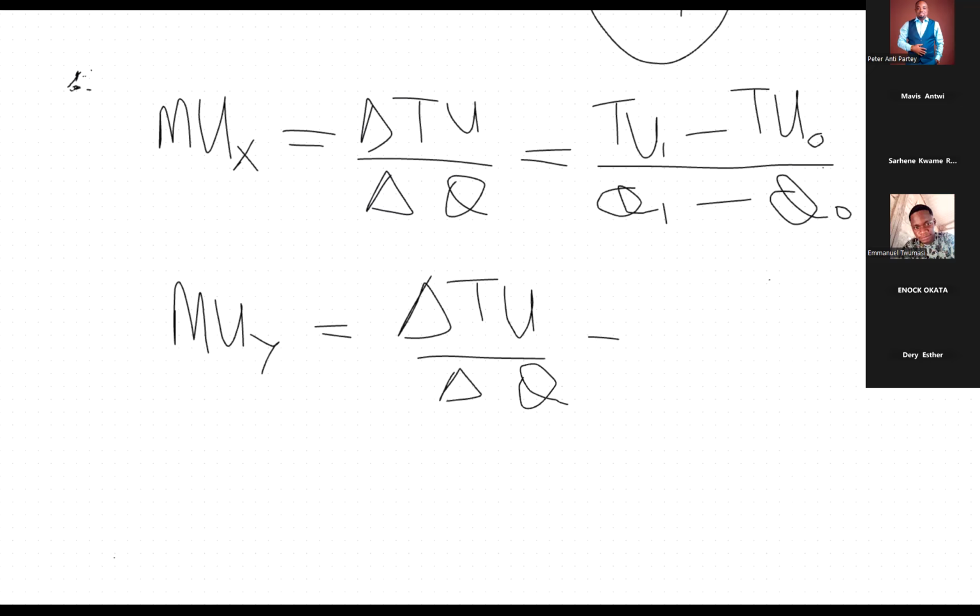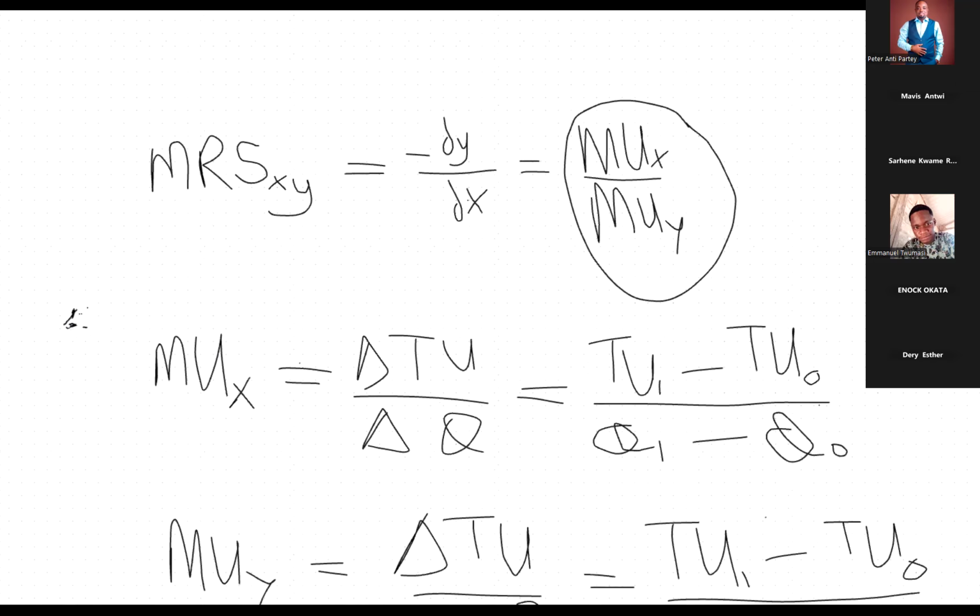So we have TU1 minus TU0 over Q1 minus Q0. Whatever you get for this calculation, you put it at mu of y, and then you do the division. The answer to that division is your marginal rate of substitution of X for Y.